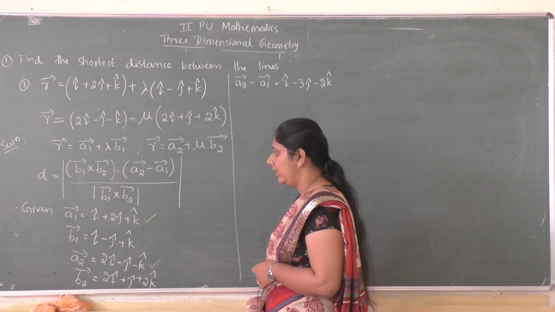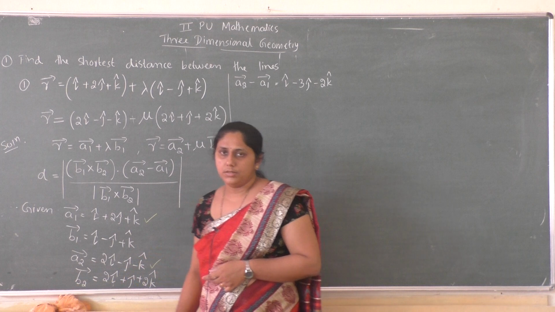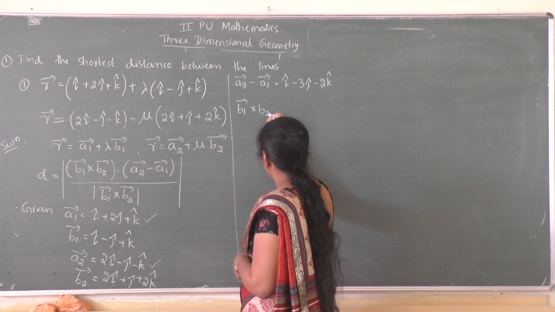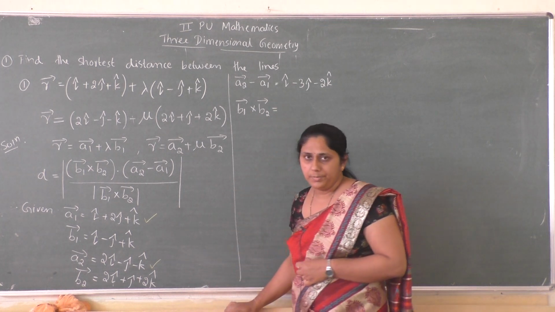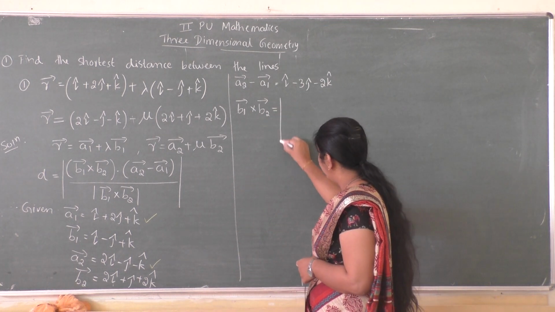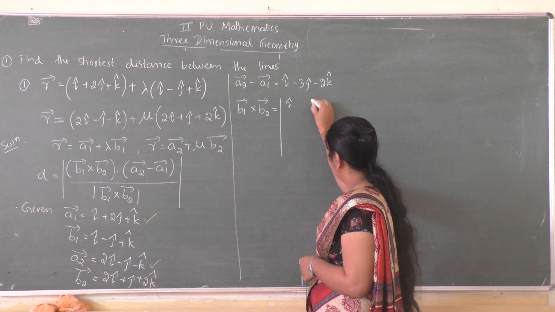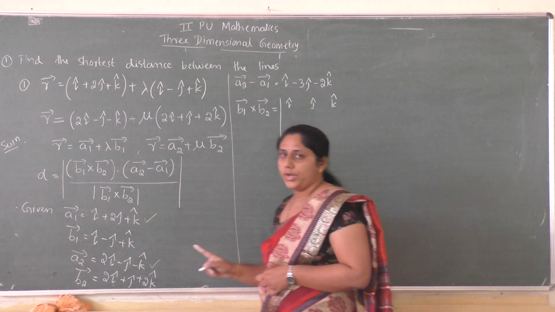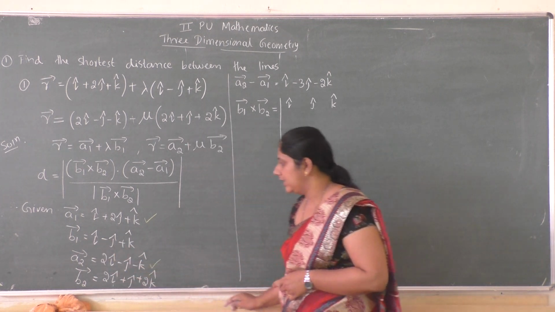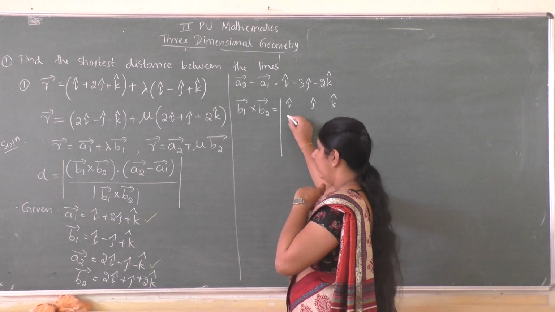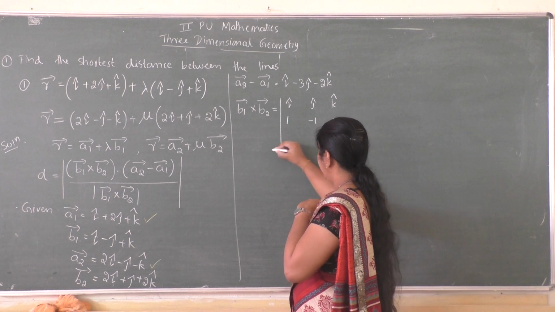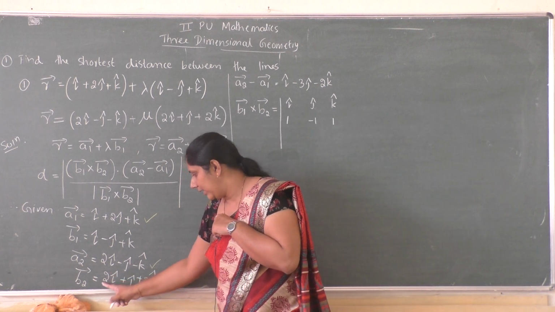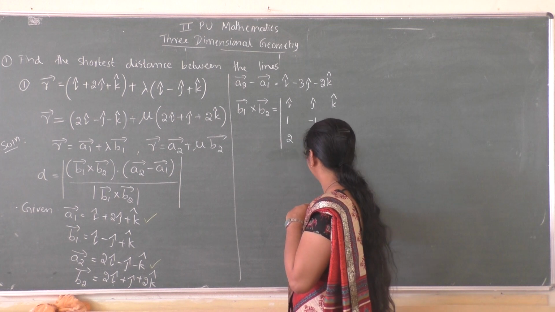Next, what you have to find? b1 vector cross b2 vector. What is the formula? It is the determinant with i cap, j cap, k cap in the first row. In the second row you write the coefficients of vector b1, that is 1, minus 1, 1, and in the third row the coefficients of vector b2, that is 2, 1, 2.